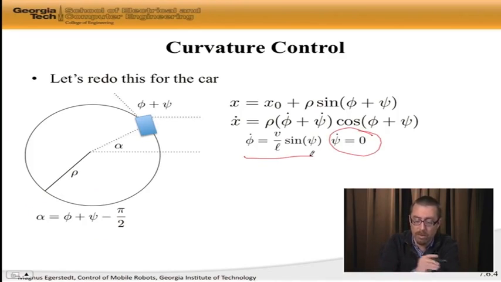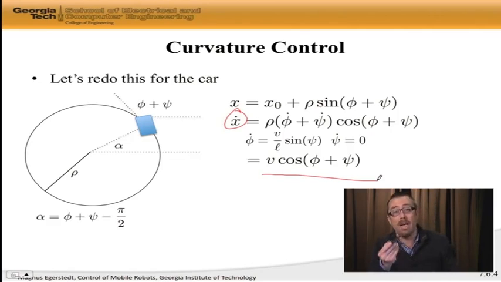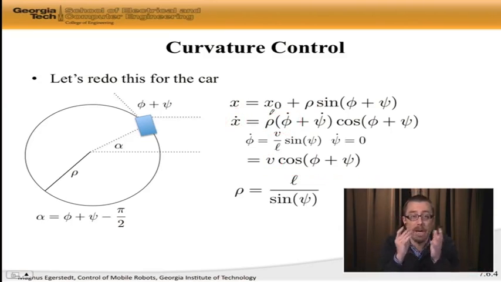Well, we also have the equation for phi dot. It looks like v over L sine psi. And we also know that x dot should be equal to this expression. So what do we do? Well, we simply line up v here and rho phi dot there to get the radius of the circle.